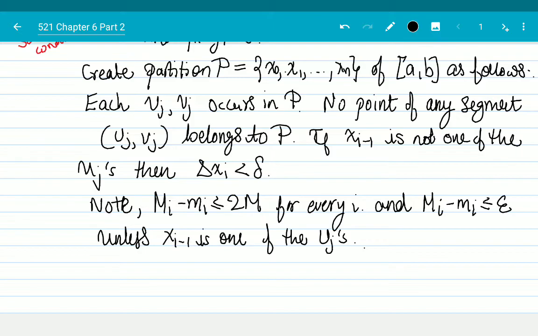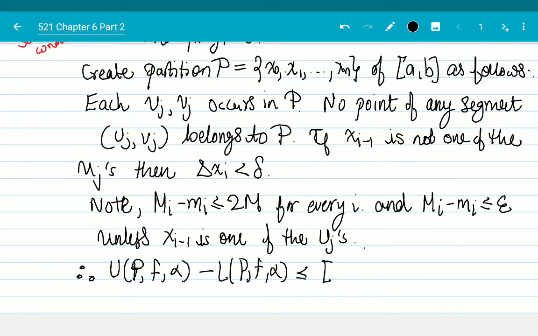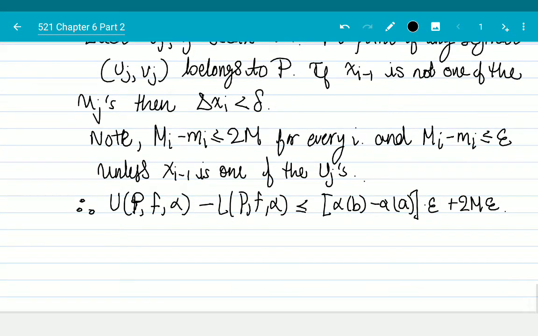Hence, therefore, U of P, f, alpha minus L of P, f, alpha is smaller than or equal to alpha b minus alpha a times epsilon plus 2M epsilon. Okay?